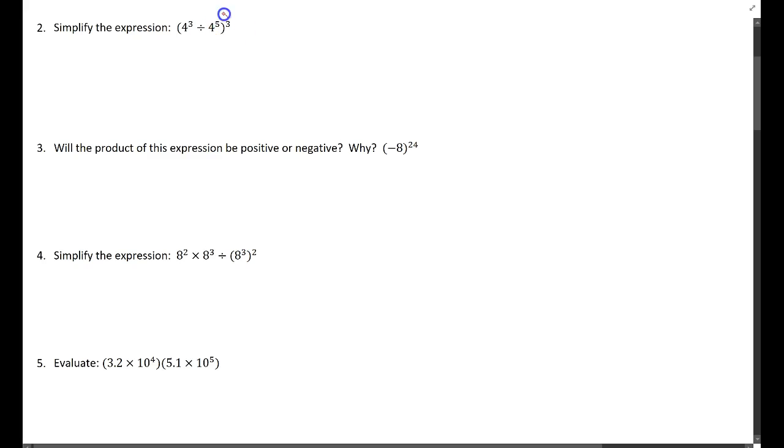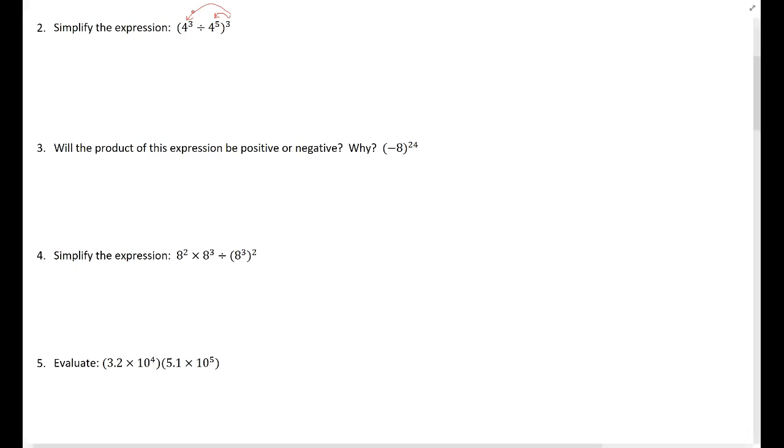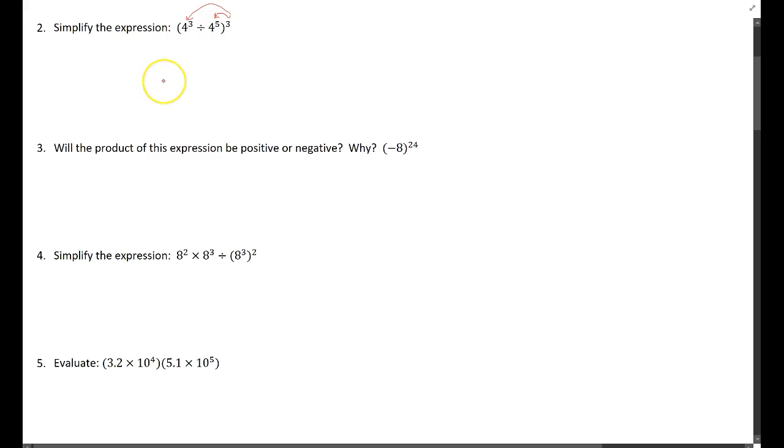First is the power of powers rule, which states that we are going to first distribute the power into here, which means we are going to have 3 times 4 to the third, so we have 4 to the 9th, and that's divided by 4 to the 15th.